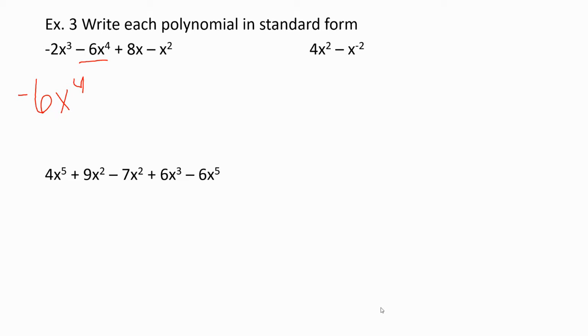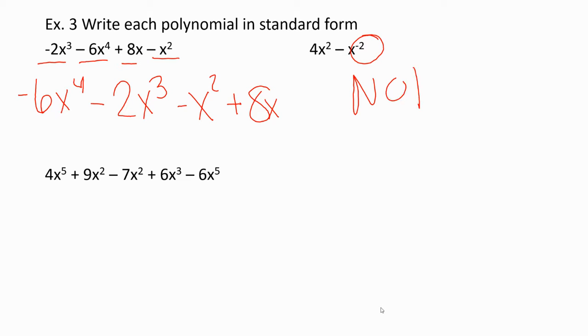The next term would need to be the exponent of 3, so minus 2x cubed. Then we have squared, so minus x squared. And then lastly, plus 8x. So the exponents go in order 4, 3, 2, 1. When we look at this next one, you should notice that it has an exponent of a negative 2. Remember, you cannot have negative exponents, so that is not a polynomial.